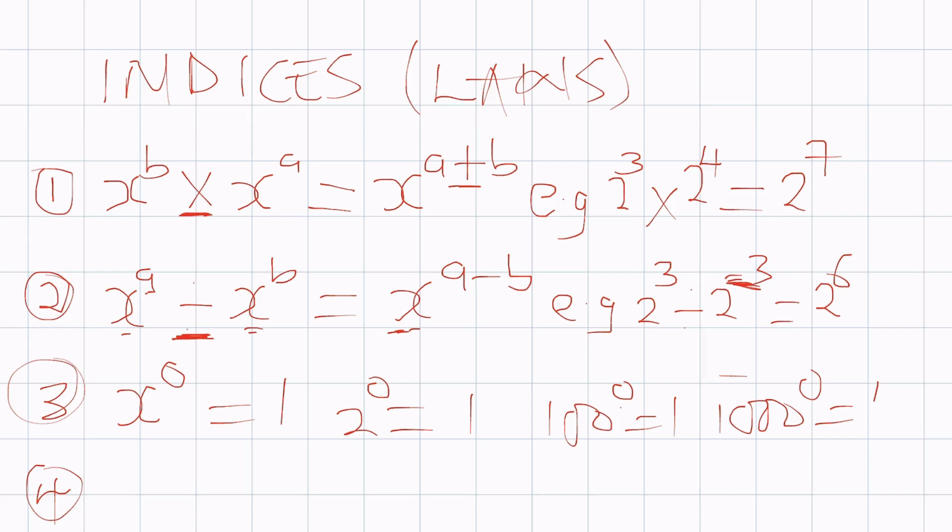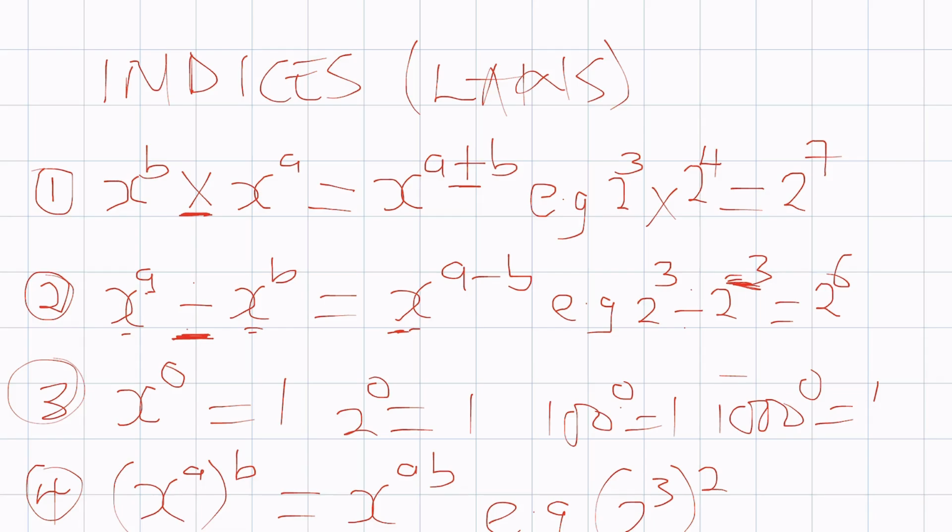If you are given x to the power of a, all this in brackets being raised to the power of b, it is equal to x to the power of a times b. For example, if you are given 2 to the power of 3, all of this being raised to the power of 2, this is similar to 2 to the power of 6.